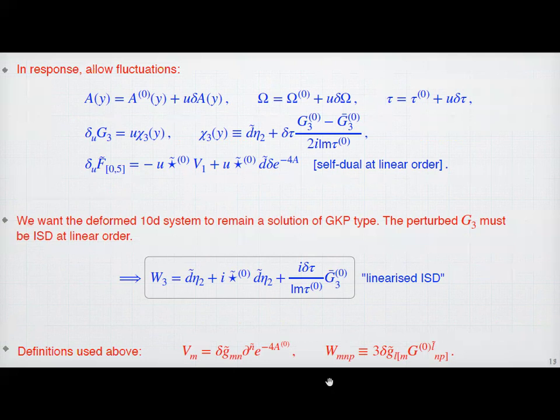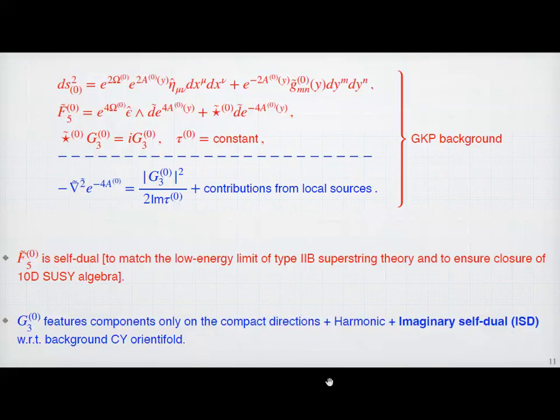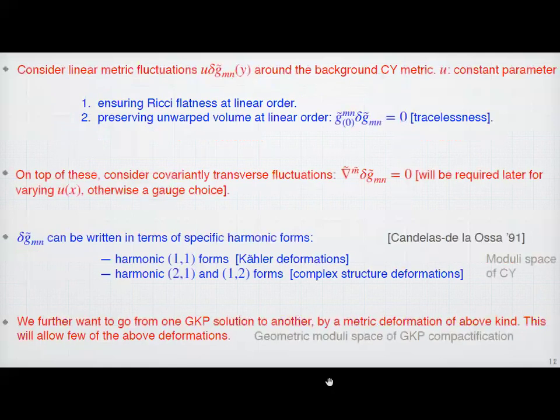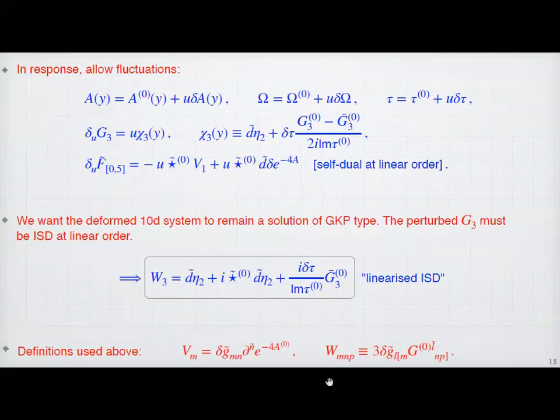On top of that, since we want to go from one GKP background to another GKP background by this parameter U, the G3 part of G3 should be imaginary self-dual again, because that is the feature of GKP compactification, and we are looking for the moduli space of GKP, and that is restrictive. So we get some conditions. I will refer to it as the linearized ISD condition. On one side, it takes the shift in the 3-form flux, also through eta 2, and also it has the... Sorry, what is the I in this?